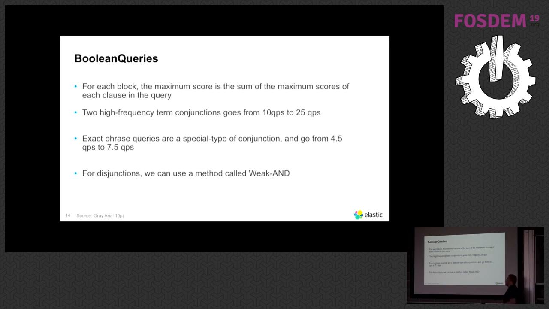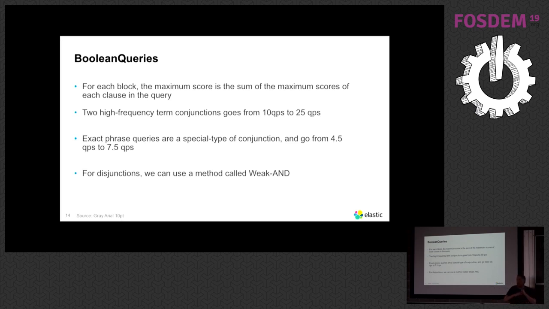We don't get as impressive a speed up here because, by its very nature, for a conjunction, it's a less accurate upper bound because you're just summing up the maximum scores for your subclauses. So this one will match, but it's a lower one, and then this one will match, but it's a higher one. You miss quite a lot of detail by just taking the maximum. But still, for high frequency term conjunctions, we're going from 10 queries per second to 25 queries per second, which is quite nice.